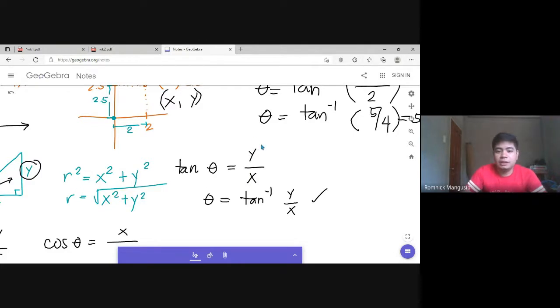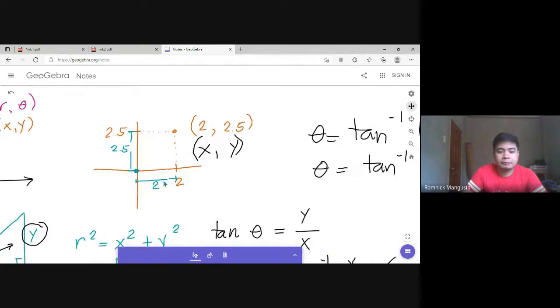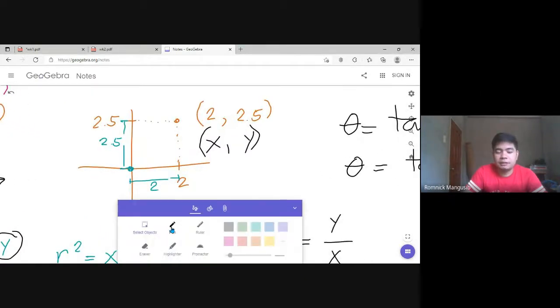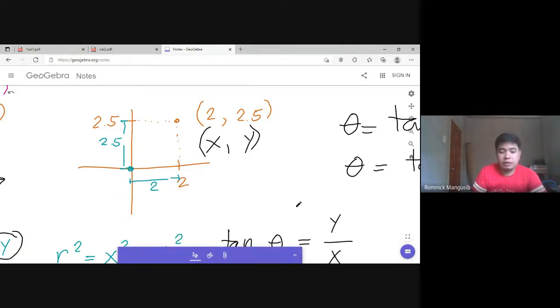Okay. So here, the angle that we can form in this case, from the center to the point, angle here is approximately 51.34 degrees. Yun ang ibig sabihin ng polar coordinates.